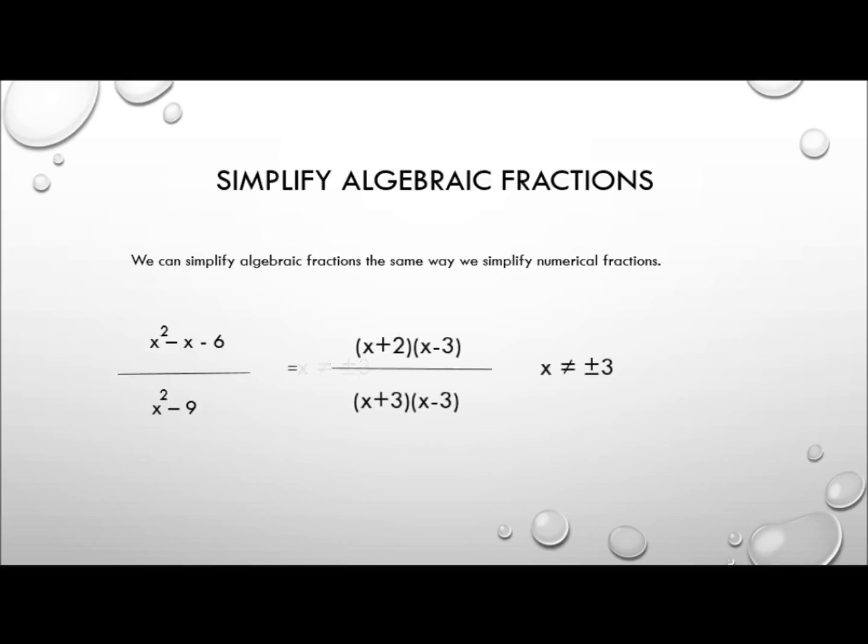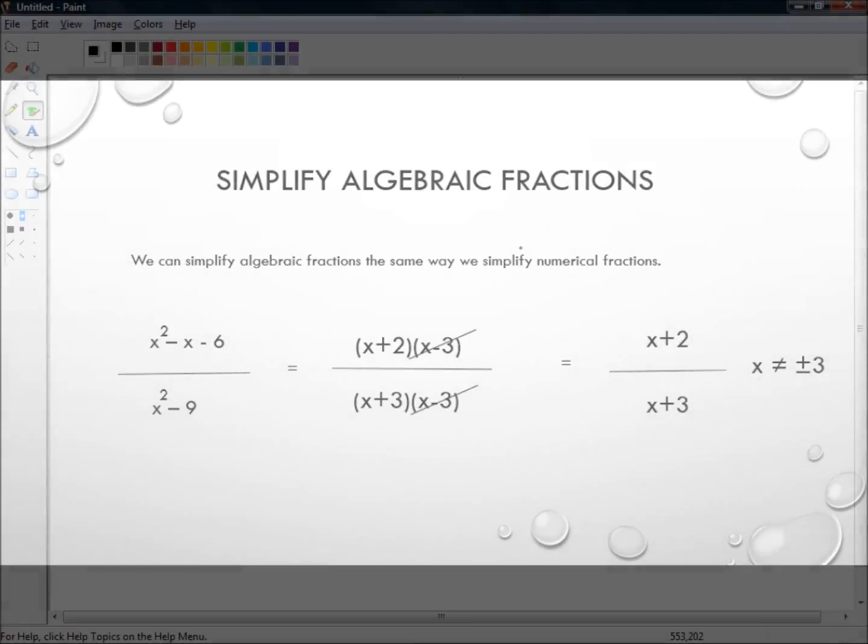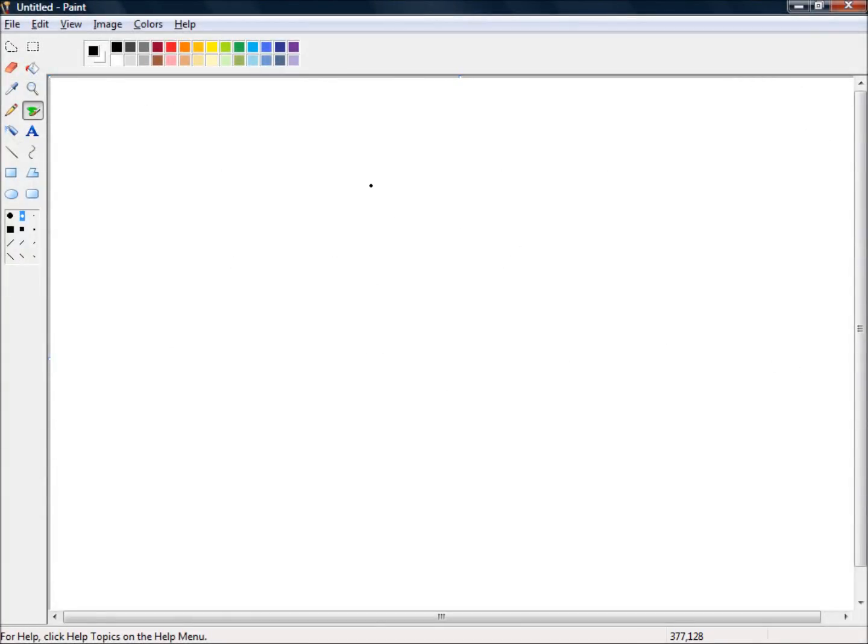So just like with numerical fractions, our next job is to split the numerator and denominator into their prime factors, that is to say to factorise them until we can't factorise them anymore. We can then cancel out the common factors from the numerator and denominator, resulting in a simplified fraction. And of course by now the brackets are wholly unnecessary. Okay, well, so much for the theory. Let's have a go at putting that into practice.